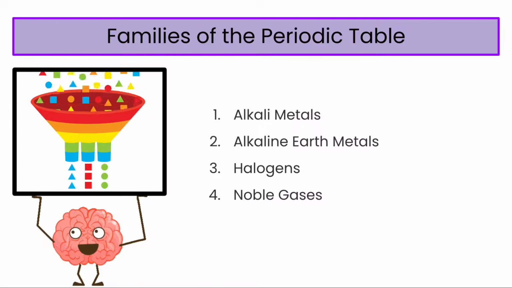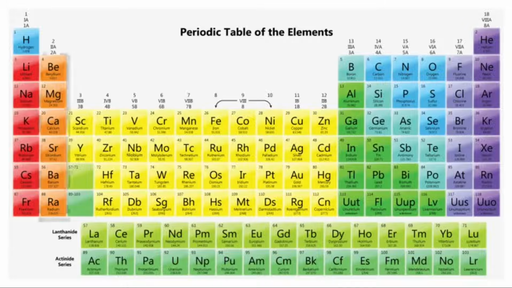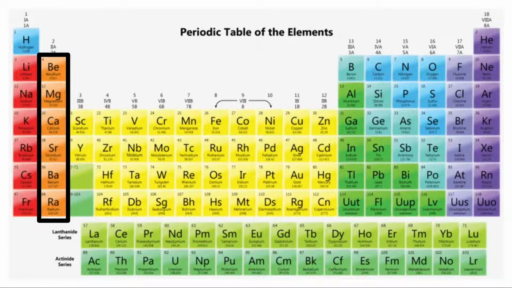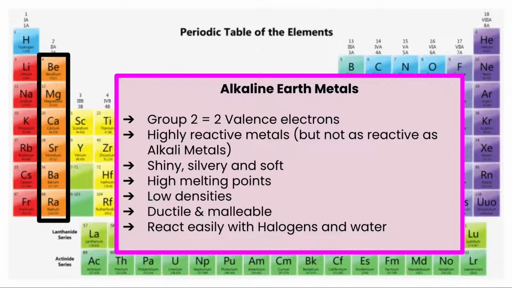Moving on to our next family, the alkaline earth metals. The alkaline earth metals are found in group 2. So these are all metals that have two valence electrons. They're also highly reactive, but they're not as reactive as the alkali metals.